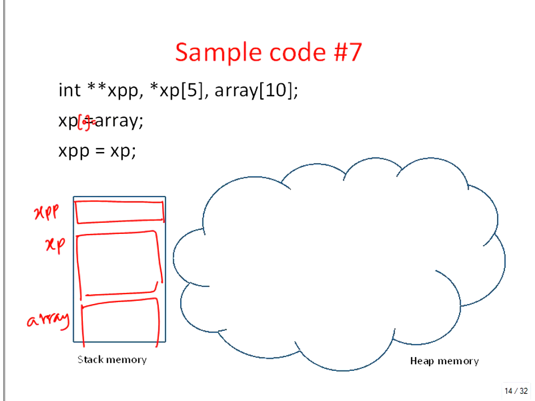It has to say xp of 0 equal to array, yeah, so xp of 0 equal to array, makes it point like that. So then xpp equal to xp, it points like that. Okay, this is really partial one, because you didn't even allocate the remaining ones and all that.